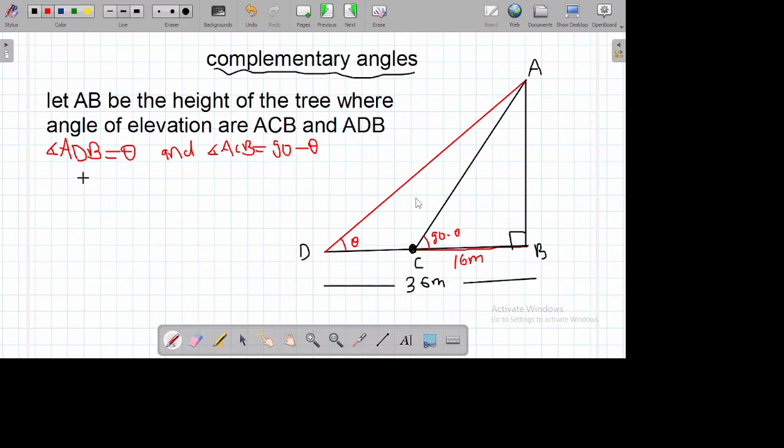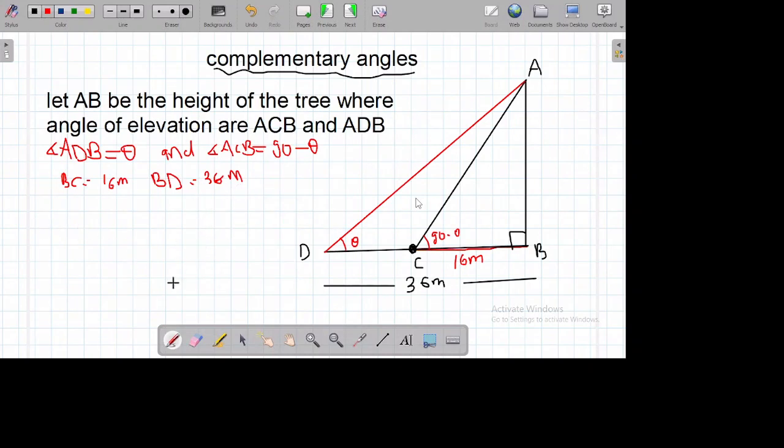Now BC is 16 meter, so Christie is 16 meter away from the foot of the tree, and Deson is 36 meter away from the foot of the tree.